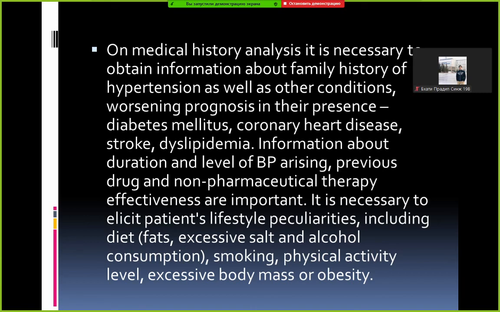Information about duration and level of blood pressure elevation, previous drug and non-pharmaceutical therapy effectiveness are important. It is necessary to elicit patients' lifestyle peculiarities, including diet, fats, excessive salt and alcohol consumption, smoking, physical activity level, excessive body mass, or obesity.